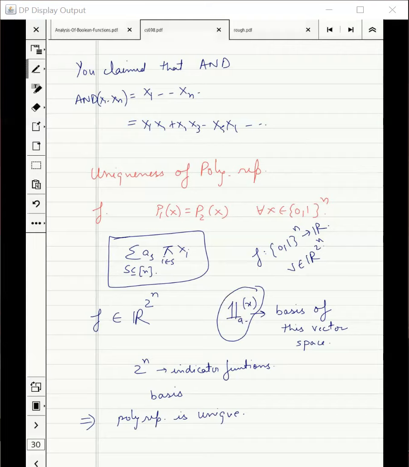Because we can look at their representation as 0, 1. They have only a 1 in one coordinate. Everywhere else they are 0. This is the standard basis which we look at. There are 2 to the power n indicator functions, and like you said, the dimension is also 2 to the power n. Okay, yes, got it.